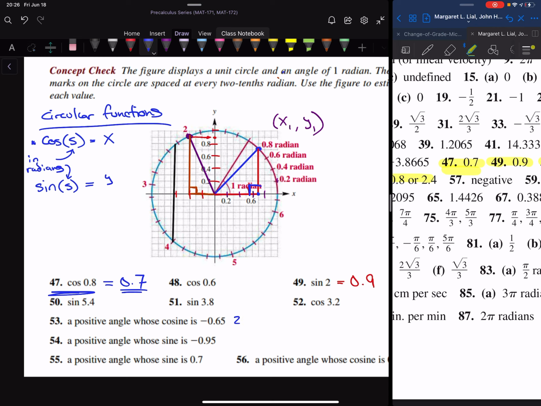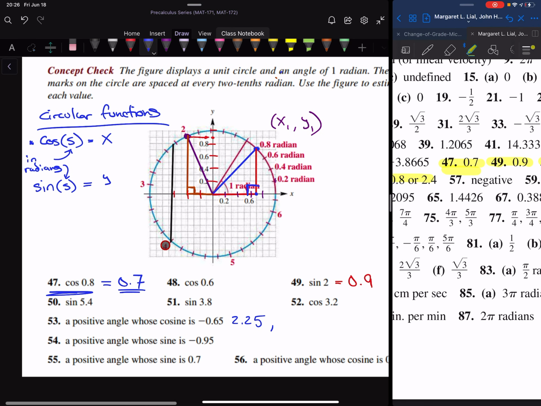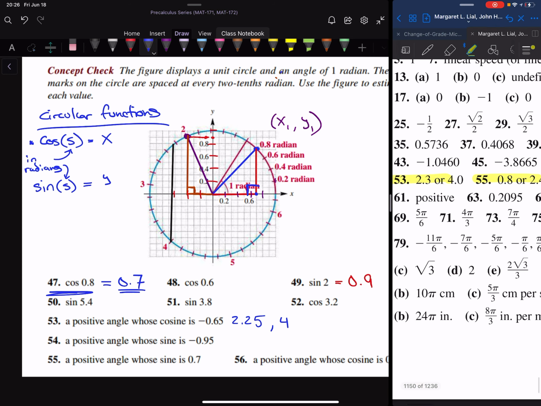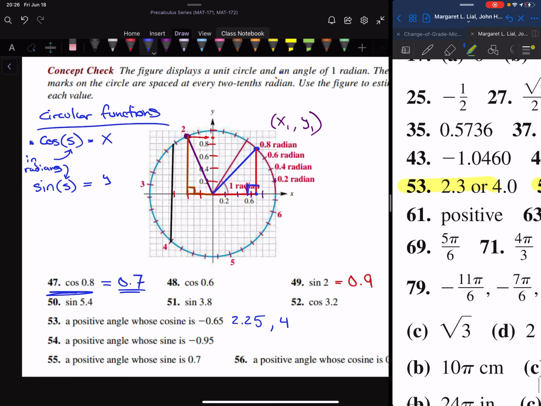And then there's another one down here at what looks like 4. So if we look at number 53 here, because that's what we're working off of, the answers that are in the back of the book are 2.3 or 4.0, and it's really close to what we have here. So they say 2.3.